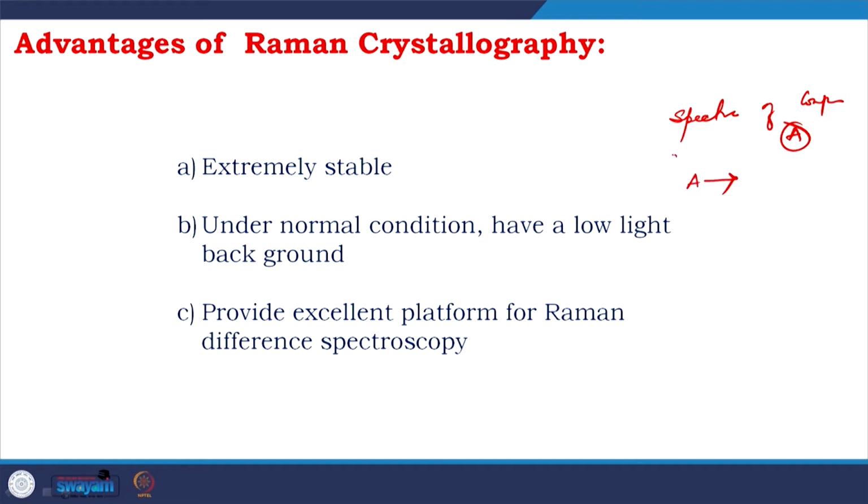Suppose it is an amide, let us say it is changing to an imide, imine. There will be a change in the characteristic frequencies. You have the spectra of A, you collect the video and keep the new or upcoming spectra aligning with the base spectra.